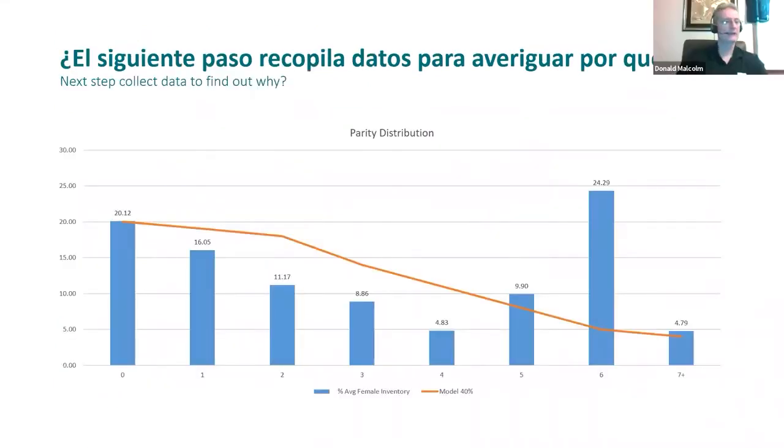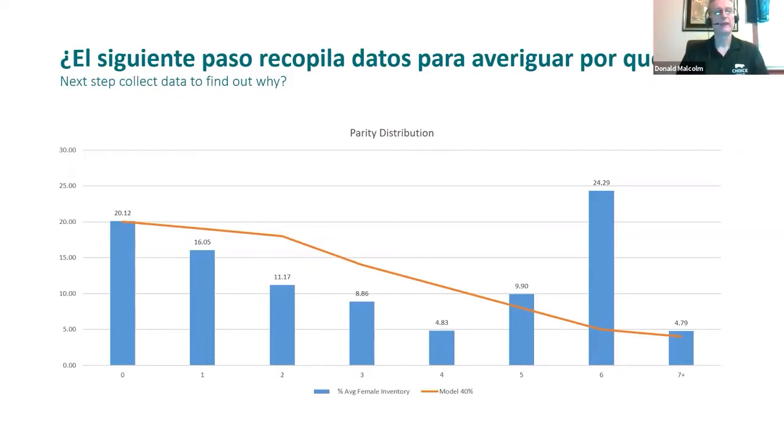So let's go back to our original parity distribution. So in evaluating this parity distribution, in orange, you see what the model is, and then you can look at the percentage of inventory by parity. So parity 1 is at 6. So in evaluating this, we can see that there are a lot of old animals.